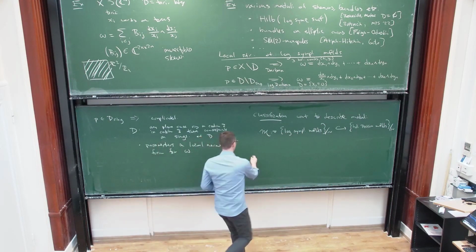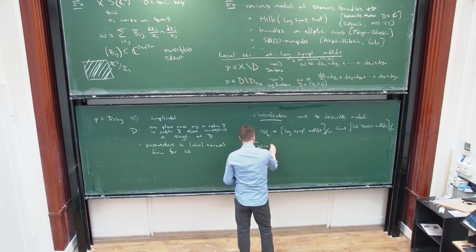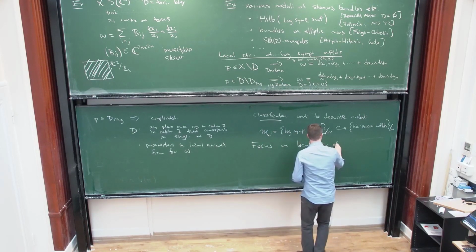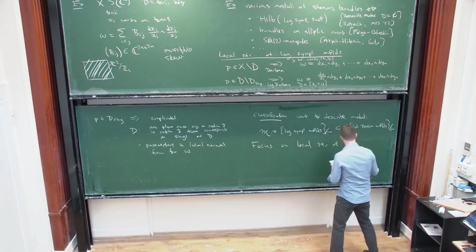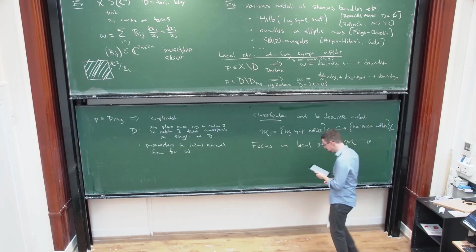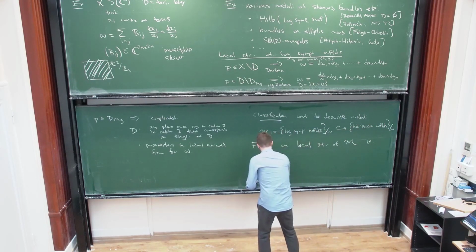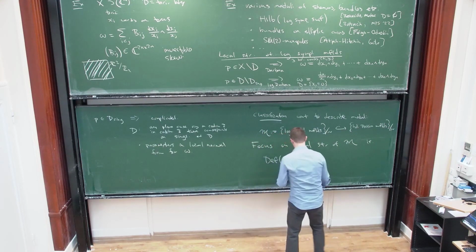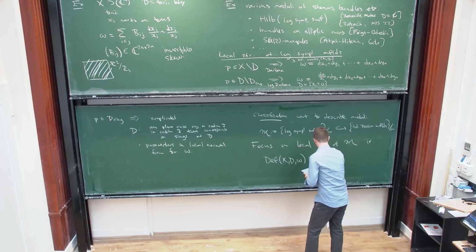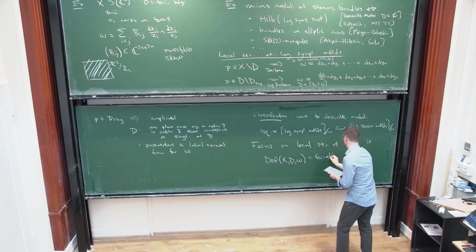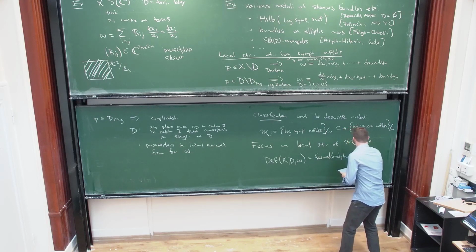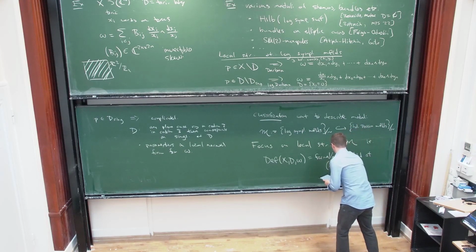Okay, so I'm going to do that by focusing on the local structure of M. In other words, I want to look at the deformation theory of a given log symplectic manifold. By this I mean the formal or analytic neighborhood of this point in the moduli space.